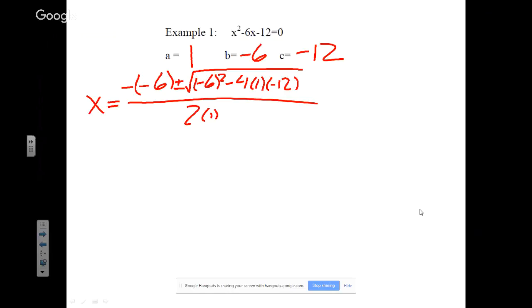So when we've done those first 3 steps where we've gotten this in the way we want it, determined what our a, b, and c were, then we've plugged it in, and now we just want to simplify. So when we're simplifying, we can see that the negative 6 is just 6. You want to do plus or minus the square root of that discriminant. So here, we can just type that into the calculator.